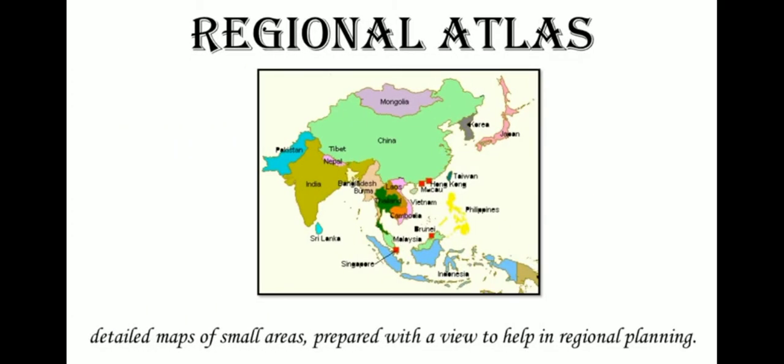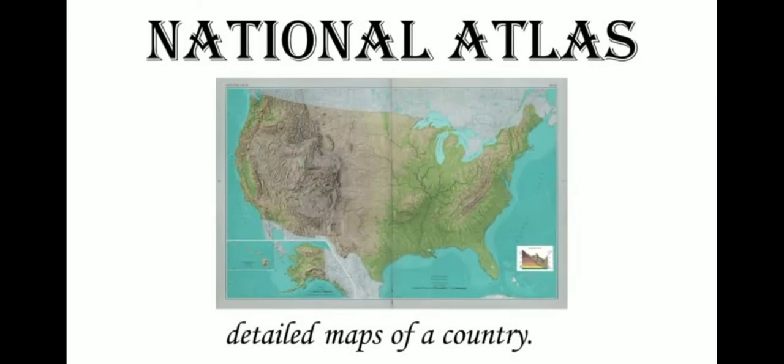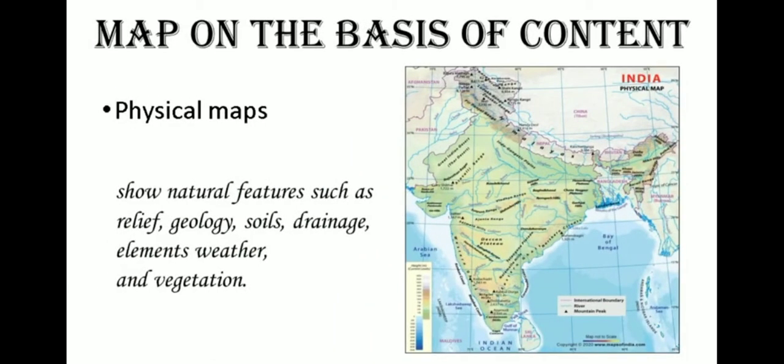Regional atlas contains detailed maps of small areas prepared with a view to help in regional planning. National atlas contains detailed maps of a country. The maps of a national atlas are comparatively large sized and they depict general and characteristic features of the geography of a country.